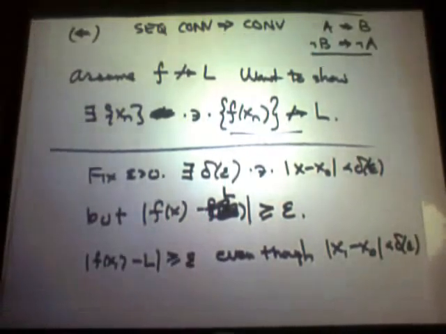The sequence converges, but the function values on the sequence don't converge. They're always stuck at least epsilon away from L. Okay? Does this make any sense? That's saying it, isn't it?